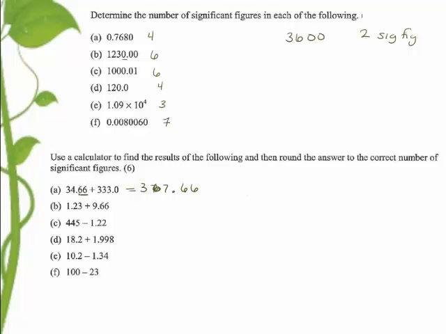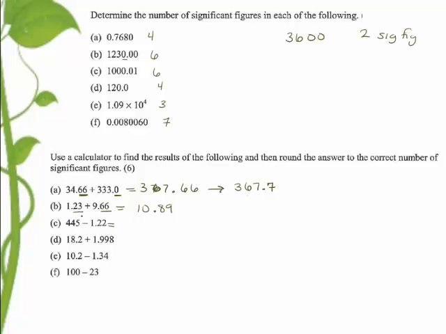Now, I had 2 decimal places and I had 1 decimal place, so my answer can only have 1 decimal place. So I have to round it to 367.7. When I add my next one, so 1.23 plus 9.66, I get 10.89. I have 2 decimal places in both, so I keep my 2 decimal places.